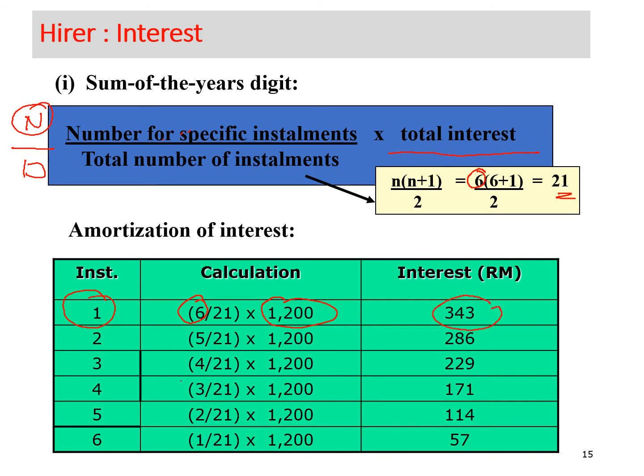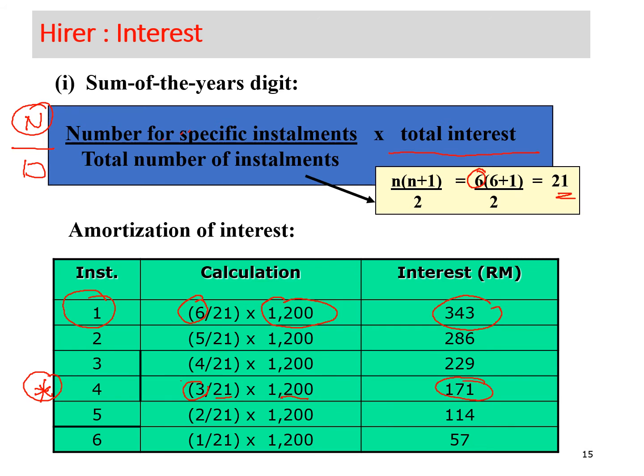If you are going to compute for the fourth installment, the remaining number of installments at the beginning of the fourth installment is 3. So 3 divided by 21, you times 1,200. So the interest for installment number 4 is 171.